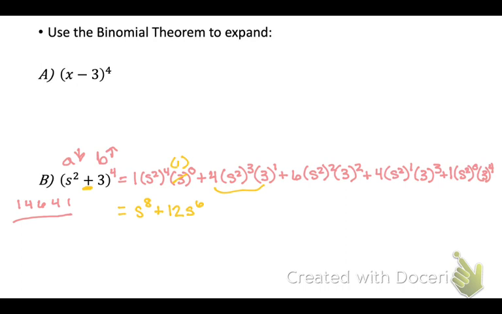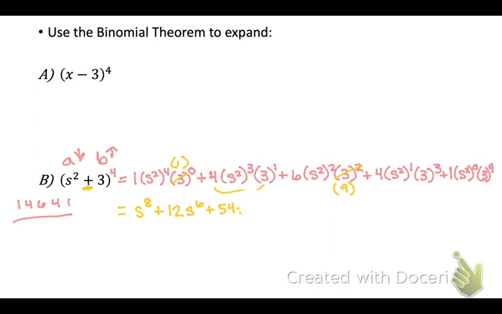Okay. So then plus 3 squared is 9. 9 times 6 is 54. s to the 4th. That is a 4. Looks kind of like a 9, doesn't it?